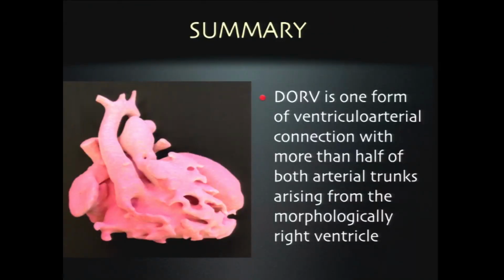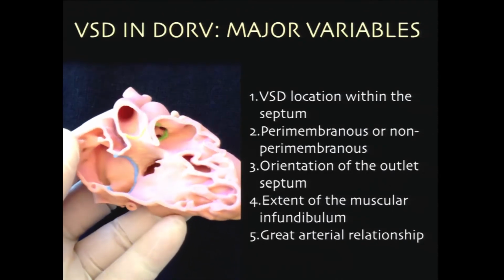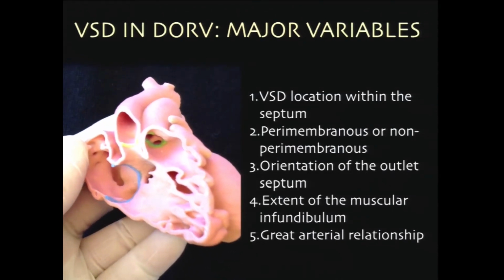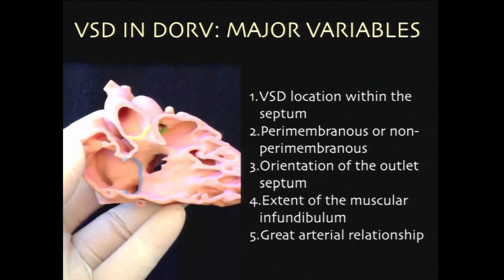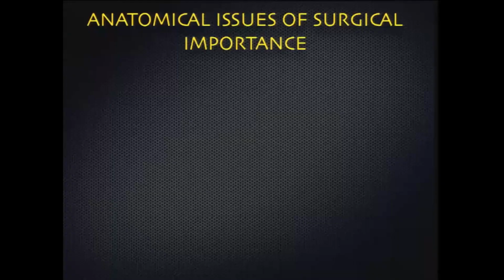In summary, double outlet right ventricle is not a pathologic entity. It is only a descriptive form of ventricular arterial connection with more than half of both arterial trunks arising from the morphological right ventricle. When we look at the DORV, we need to look at all these five issues: VSD location within the septum, perimembranous or non-perimembranous VSD, orientation of the outlet septum relative to the VSD margin, extent of the muscular infundibulum, and great arterial relationship.